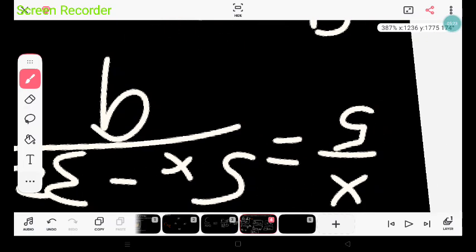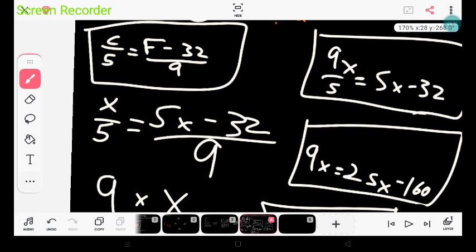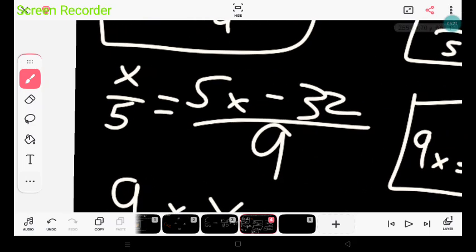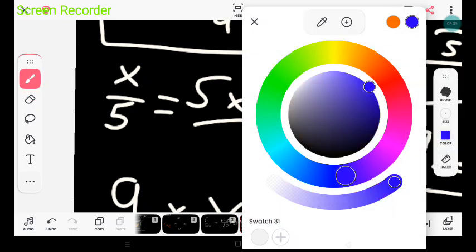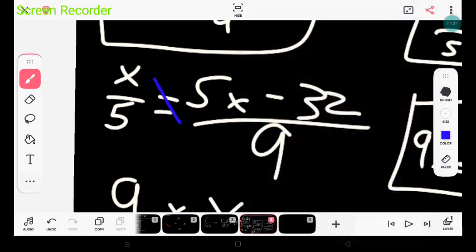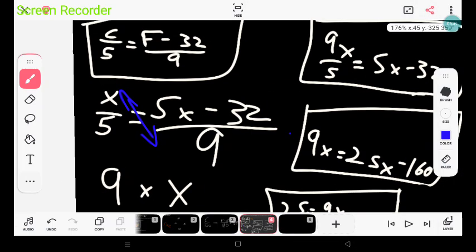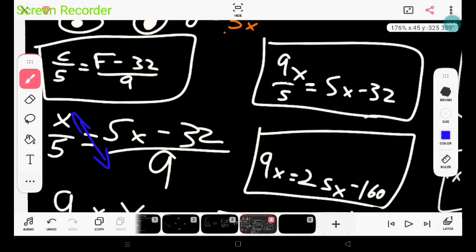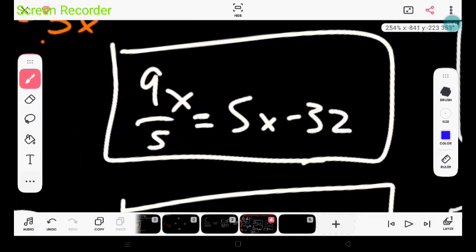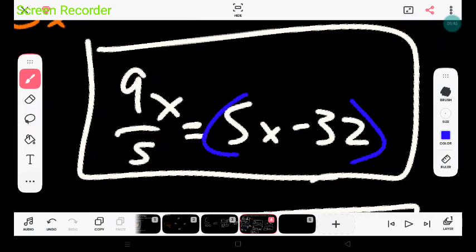Now, the very first thing you need to do here is multiply. First of all, you need to multiply 9 by x, which is 9x.